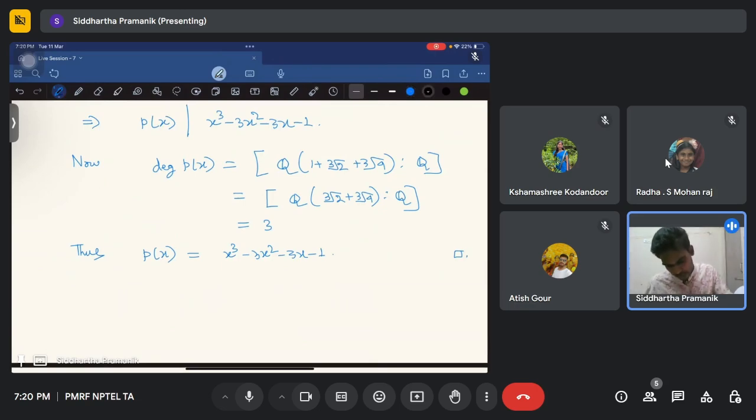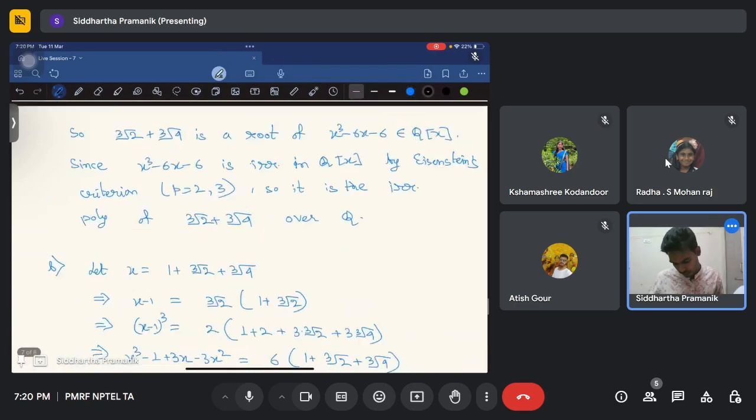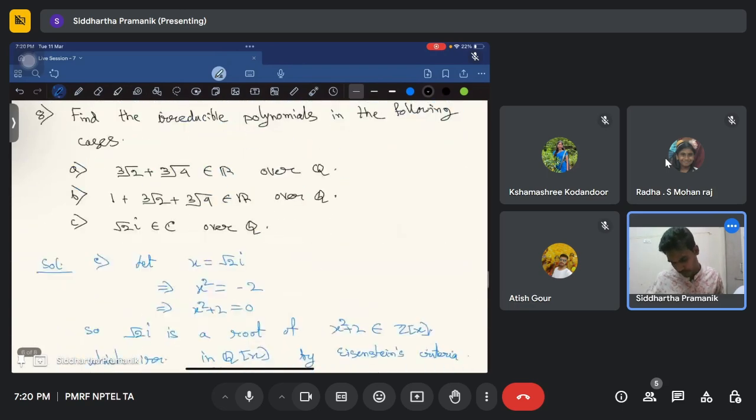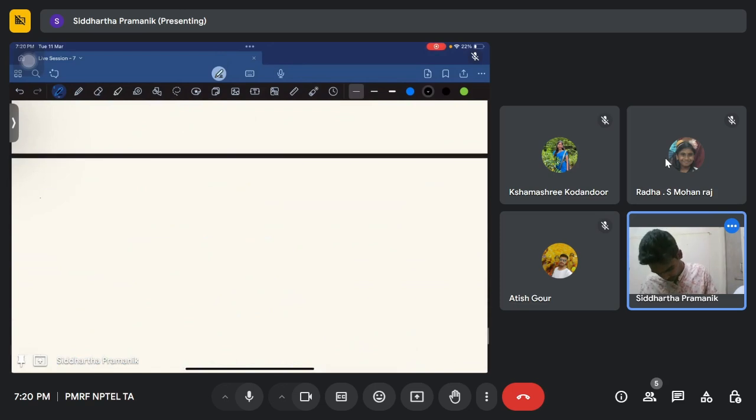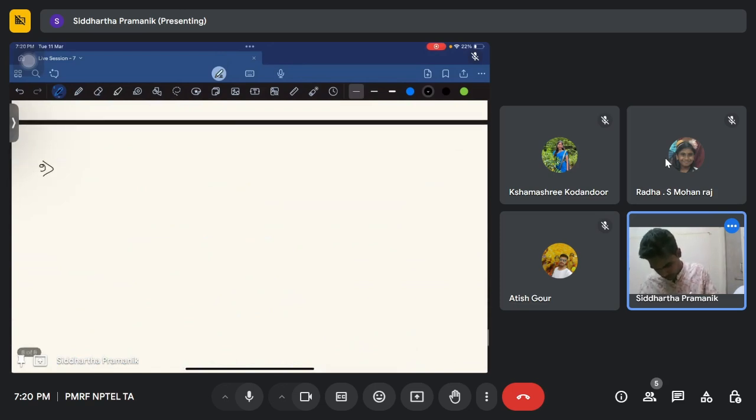If it is fine, let's find some degrees of extensions. It is problem number 9. Find the degree of the following field extensions.